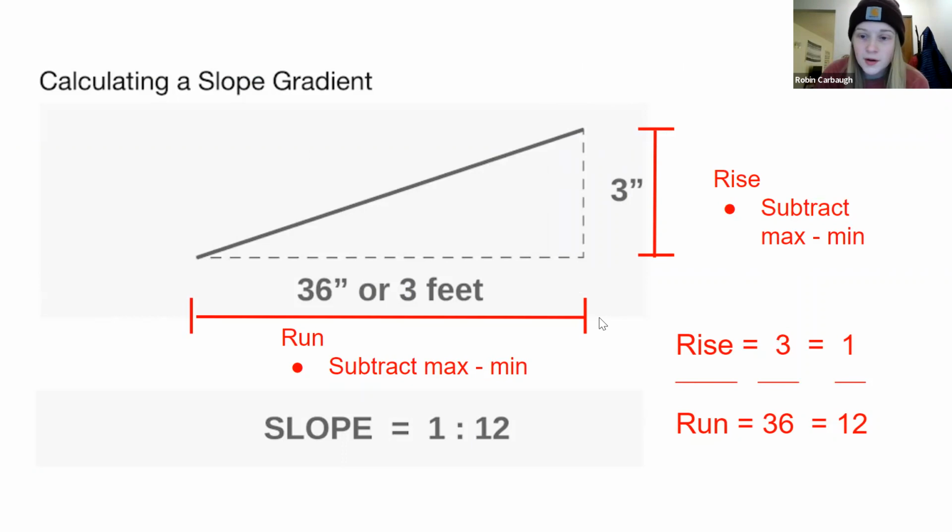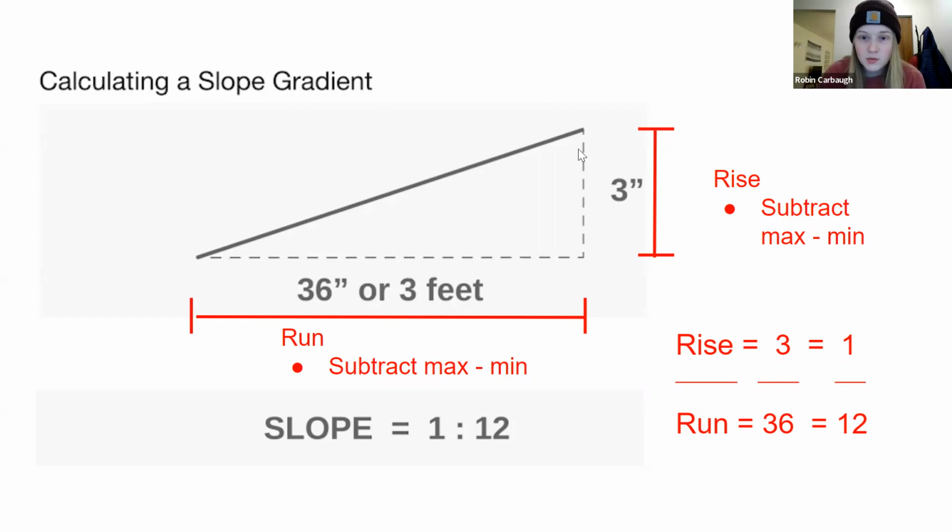And we can get the slope gradient by calculating the rise, which is the height there, and the run, which is the half length of it. And then the lab describes subtracting the max minus min, which doesn't really make sense on this image, but it will on actual volcanoes that are above sea level. And I'll show an example of that.